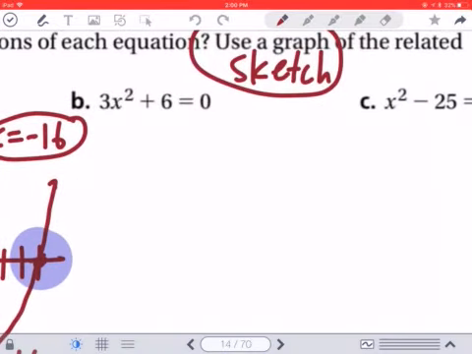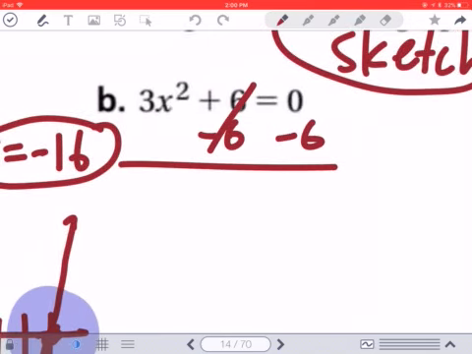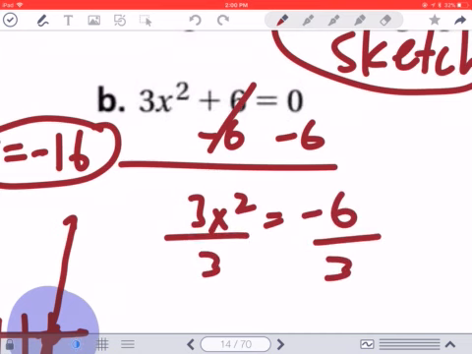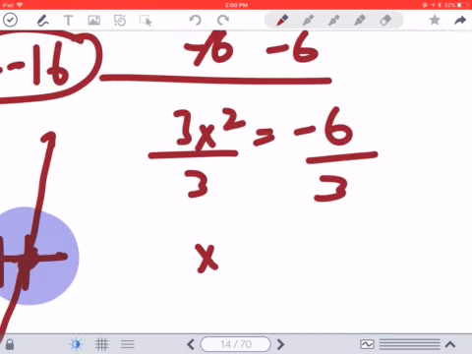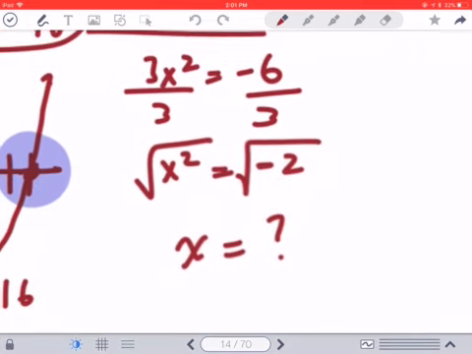All right, B. What can I do to solve this? I can subtract 6. I can do 3x squared equals negative 6, divide by 3, and I get x squared equals negative 2. If I take the square root of this, I'm taking the square root of a negative number. So what works there? Nothing.